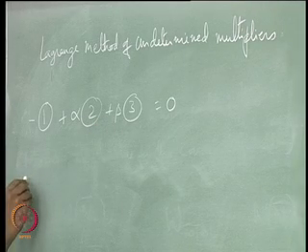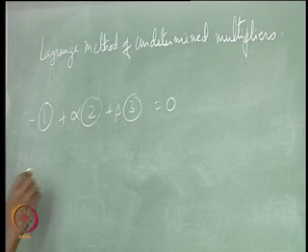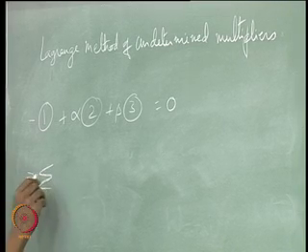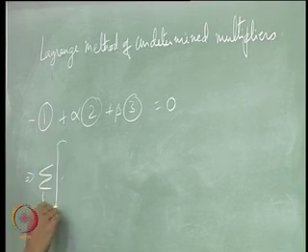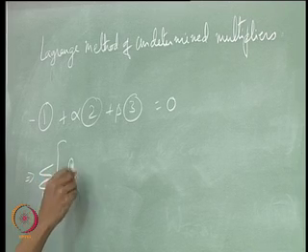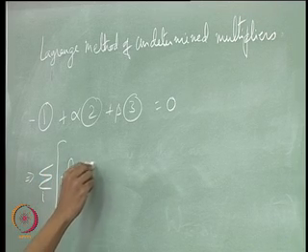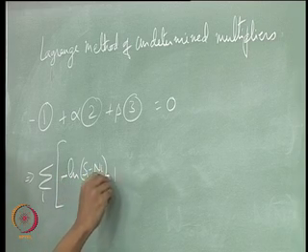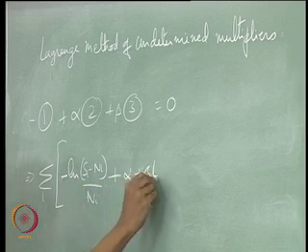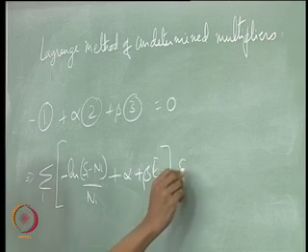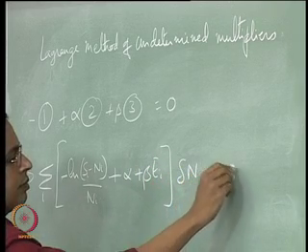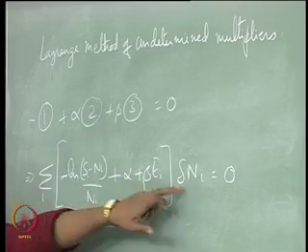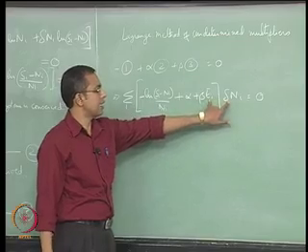Okay, so therefore we are going to say this implies sum over i of... Equation 3 had the sum of Ei del ni equals 0.